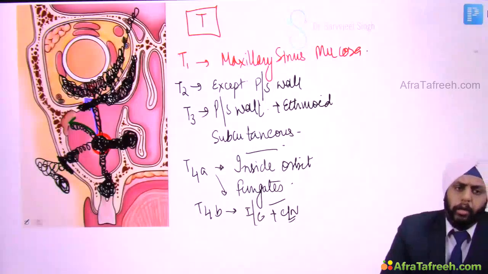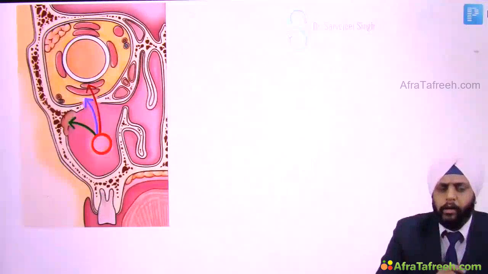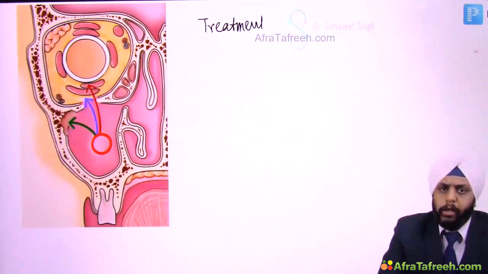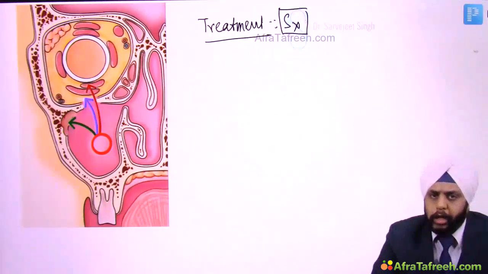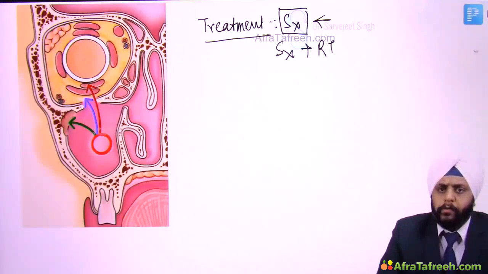Okay, now let us discuss the treatment. Now the treatment for maxillary sinus carcinoma is mainly surgical. In the initial phases it is mainly surgical, but in the late stages it is surgery plus radiotherapy.